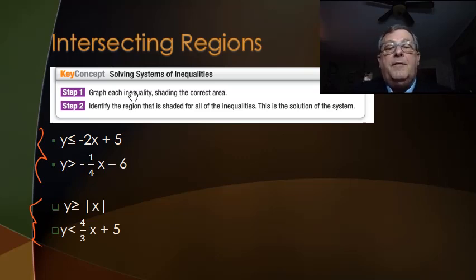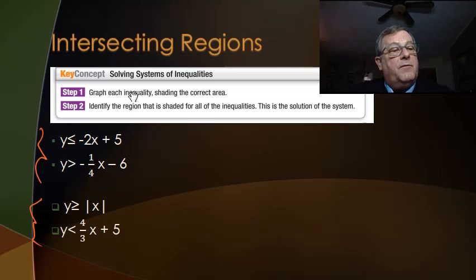All right, now, if you're having to do these by hand, we know that we use a test point. We're typically going to use 0, 0. And we know that we're going to shade an inequality. We learned this back in the last chapter. If 0, 0 gives us a true statement, we shade the region where the 0, 0 lies.